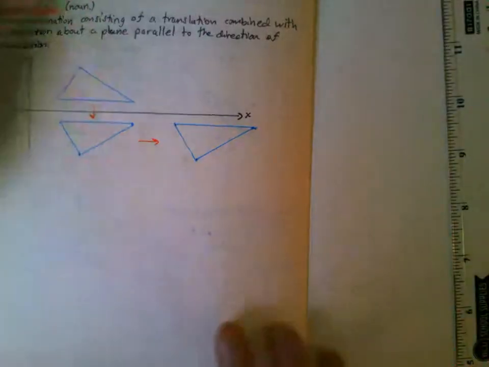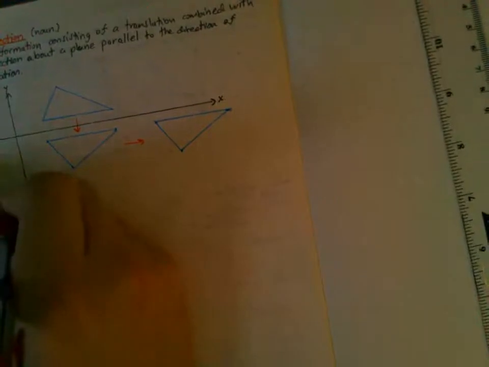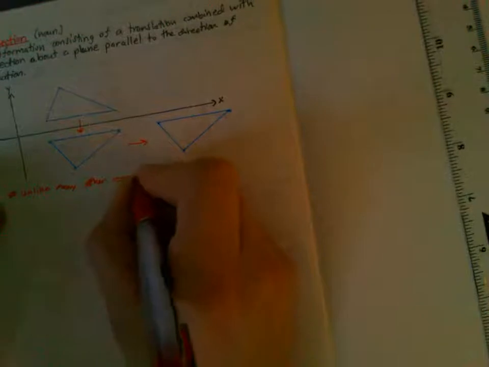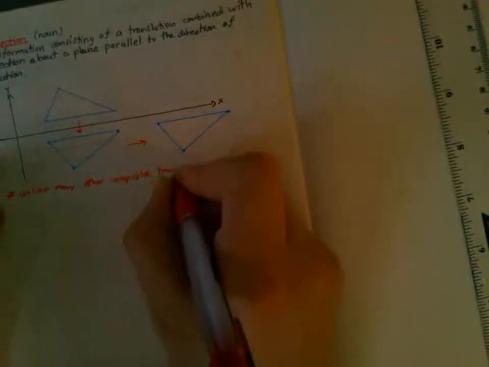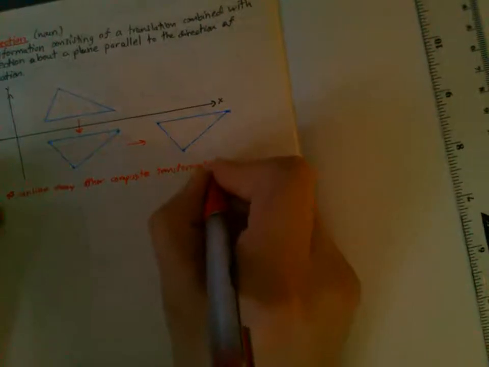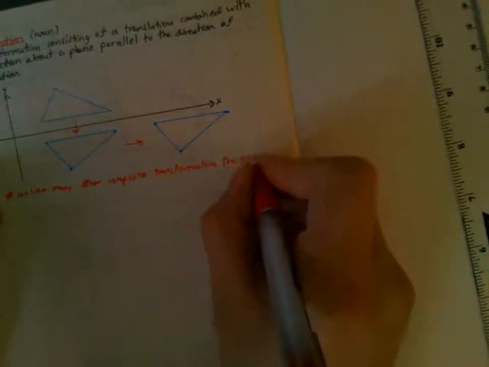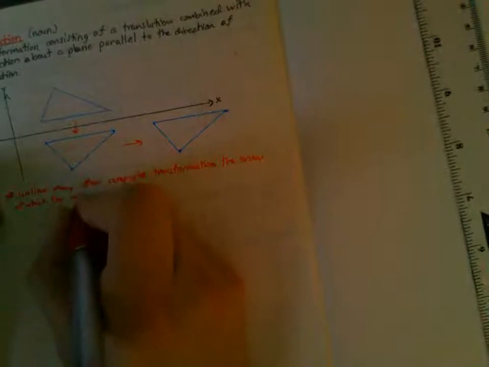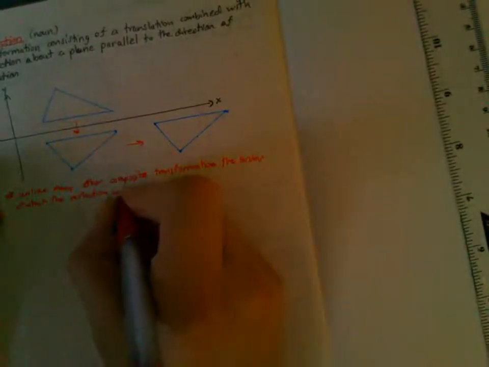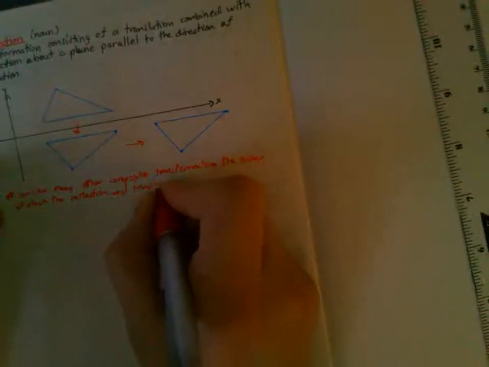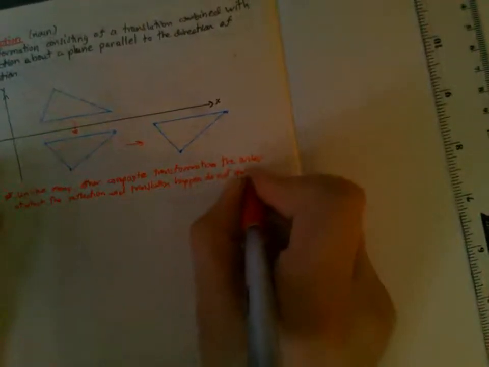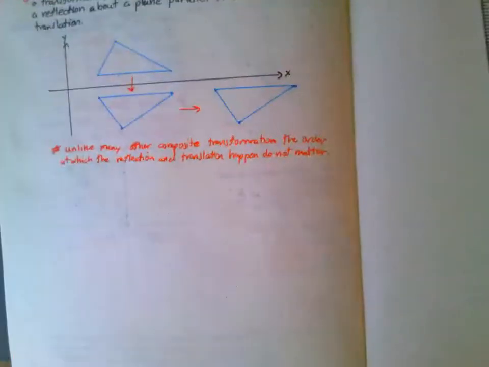So a little star I would put underneath this: unlike many other composite transformations, the order at which the reflection and translation happen does not matter. It is what we like to refer to in mathematics as a special case.